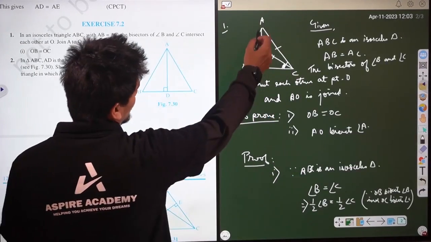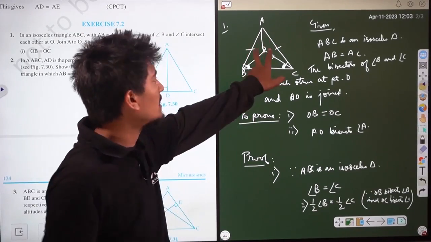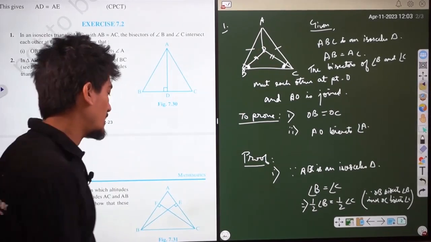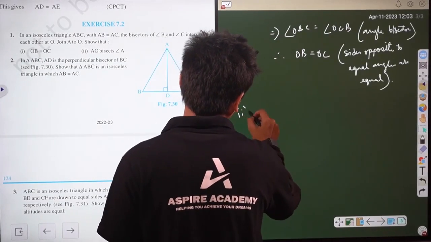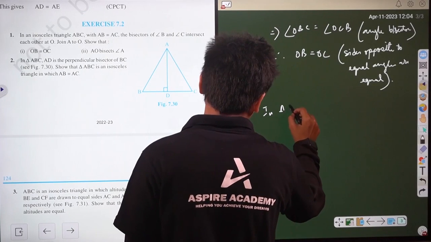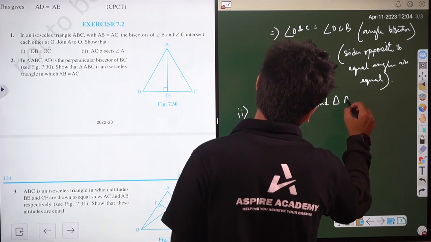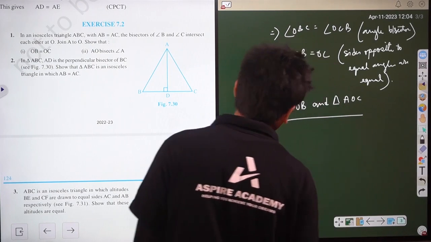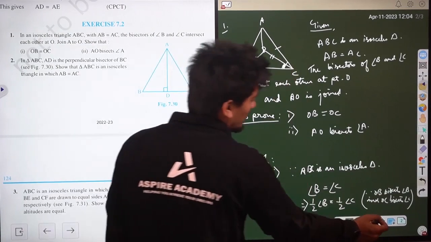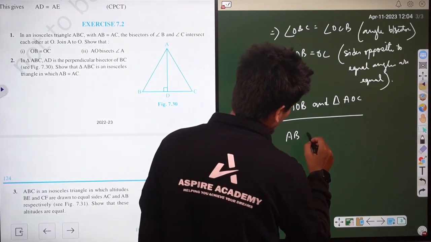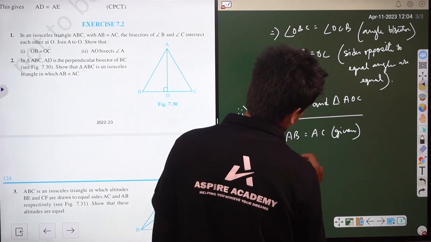Okay, now see here, in triangle AOB and triangle AOC, these are the two triangles. Now for the second part, in triangle AOB and triangle AOC, since AB is equal to AC, it is already given.